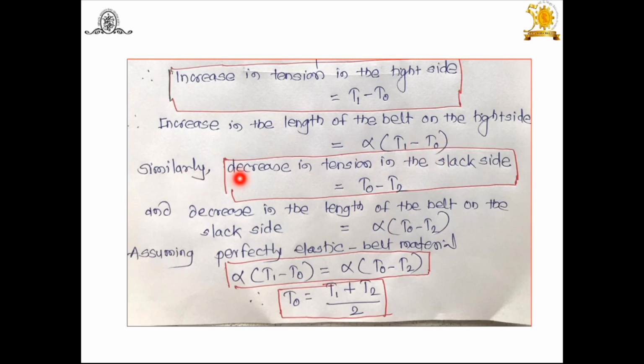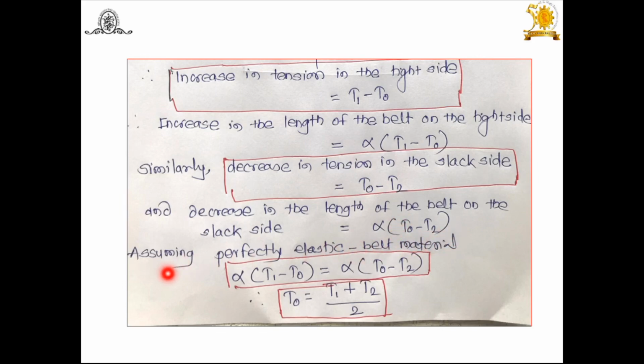Similarly, on the slack side, the decrease in tension is T0, the initial tension, minus T2, the slack side tension. The decrease in length of belt on the slack side, multiplying by alpha, the coefficient of belt length, is alpha (T0 minus T2).